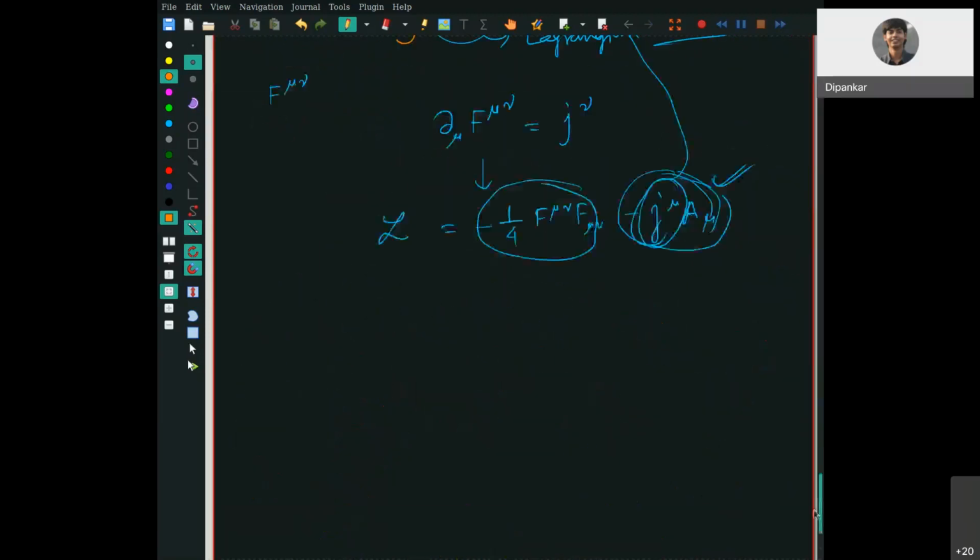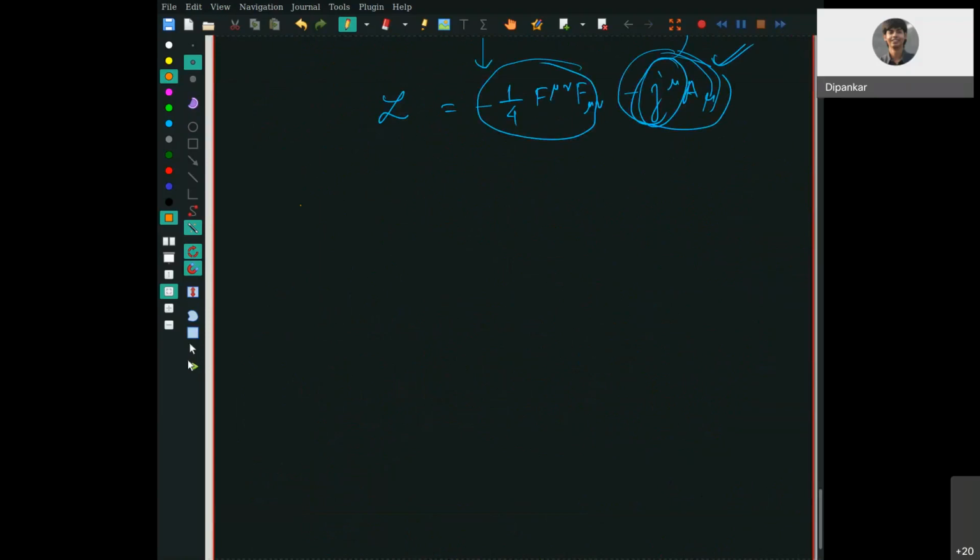Suppose I give you the result of a gradient of phi. Suppose I tell you that grad phi equals x cap plus y cap. Then I ask you what is phi of x, y, z. So then what will you do?